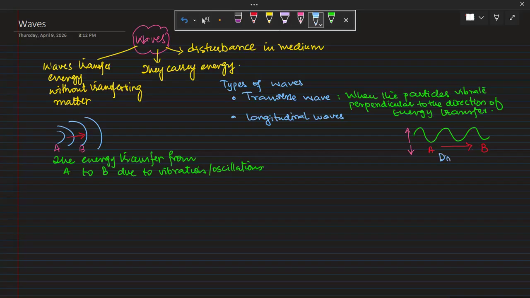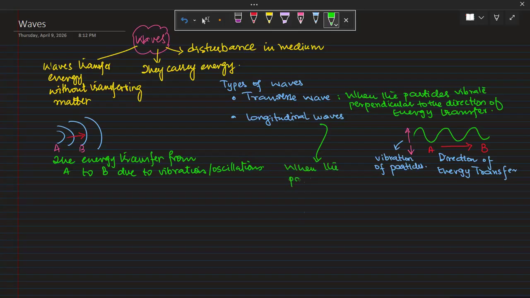Here is the direction of energy transfer, and here is the vibration of particles, right?